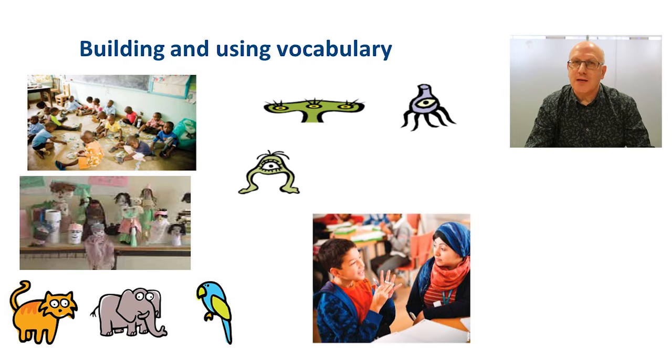One way of doing this is asking the learners to take pieces of paper and cut them into little strips, and ask the learners to write a different body part on each strip of paper. So it might be a finger, an eye, an arm, a leg, a toe, a tooth, and things like that.